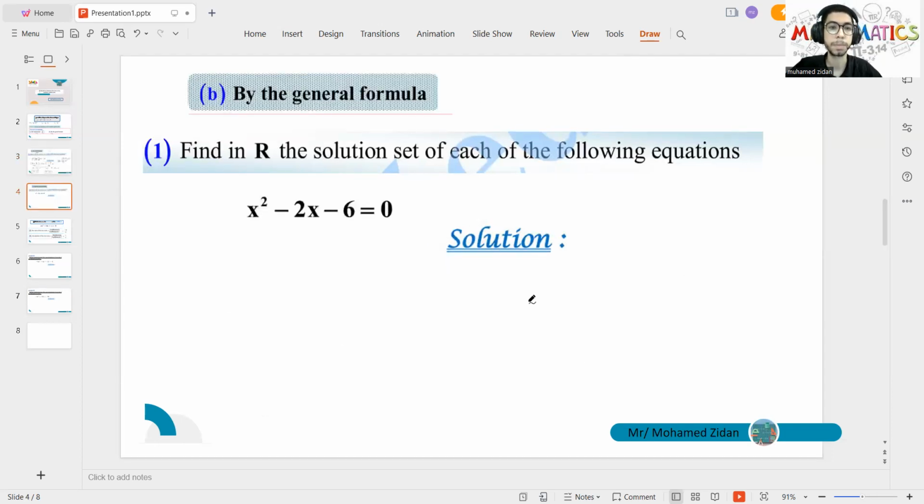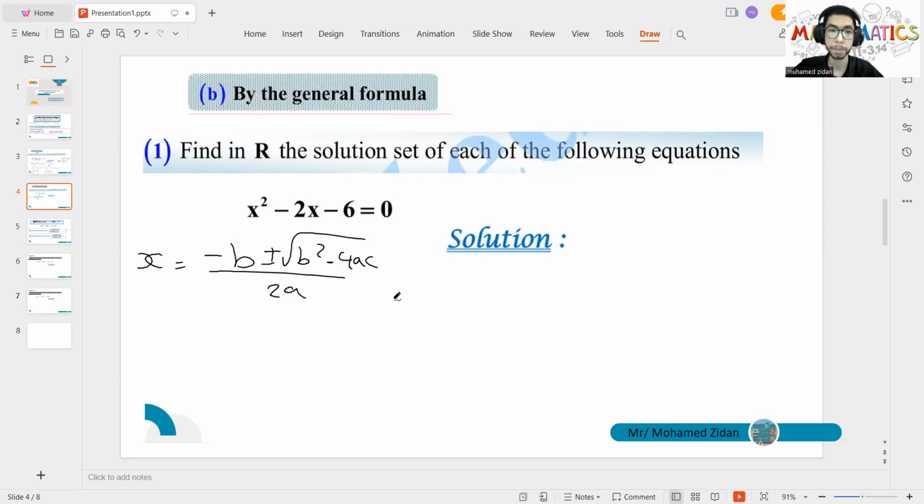By using the general formula, find in real numbers the solution set of the following equation: x squared minus 2x minus 6 equals 0. The general formula is negative b, positive or negative square root of b squared minus 4ac, over 2a.